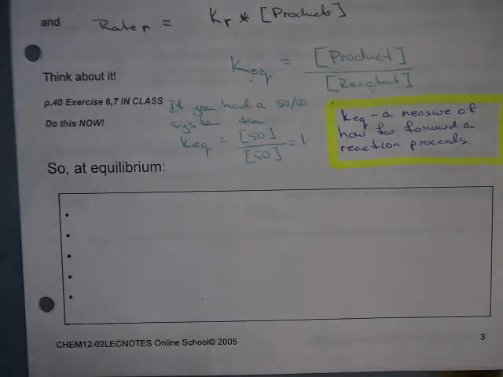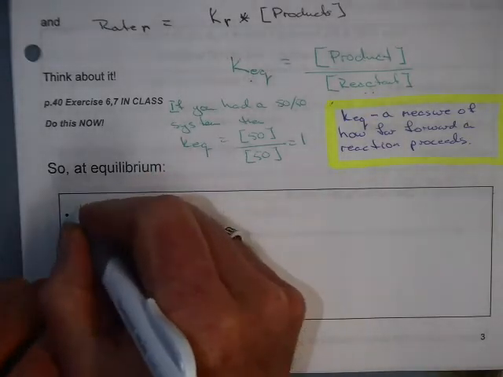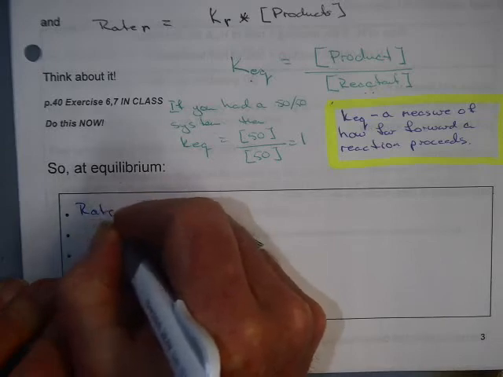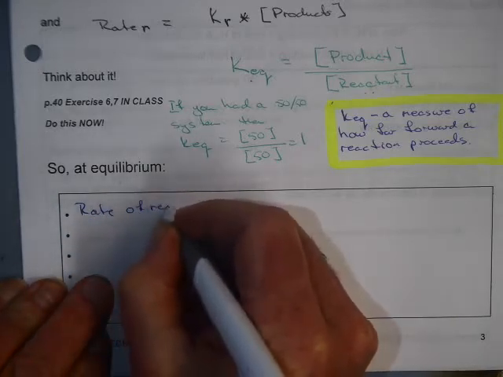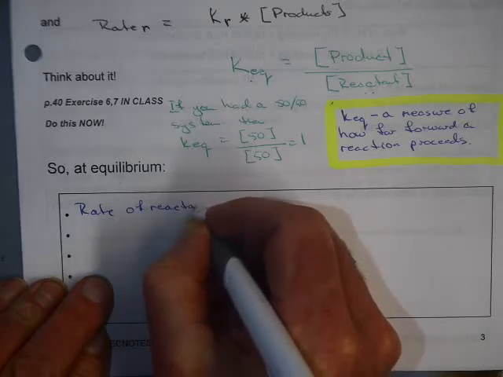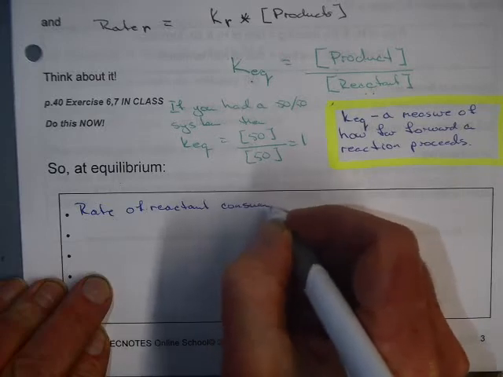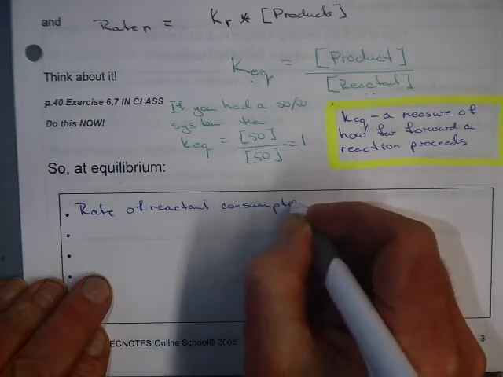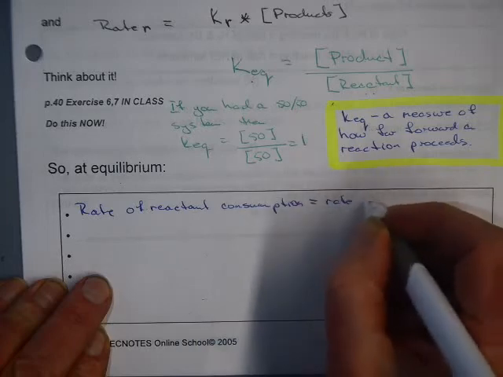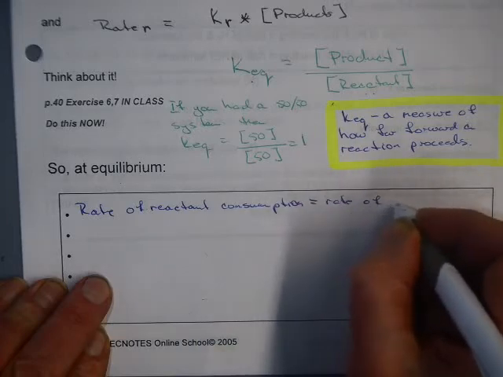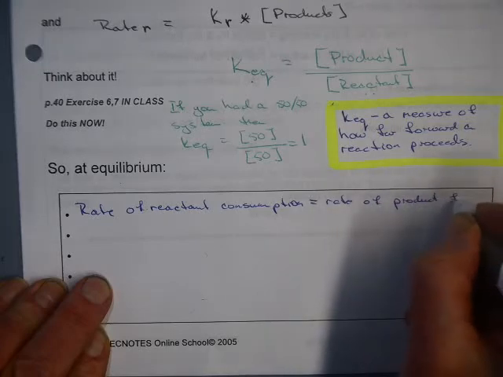So at equilibrium, the rate of reactant consumption is equal to the rate of product formation.